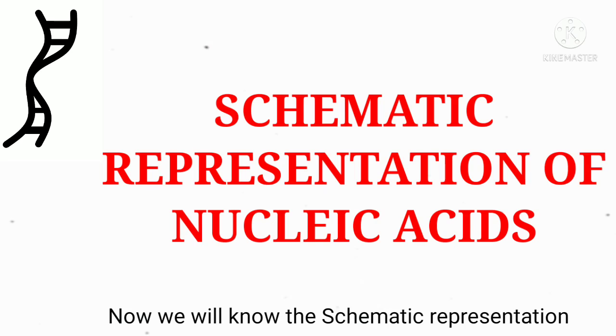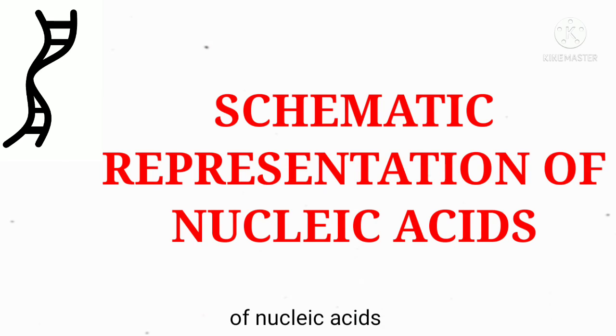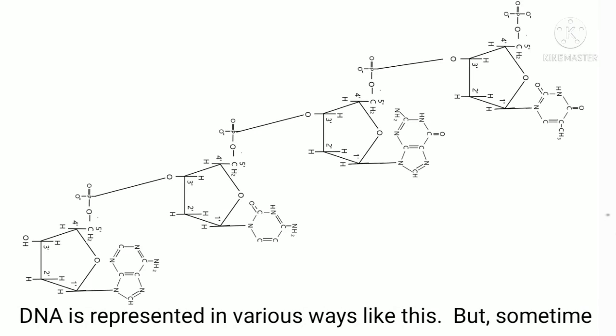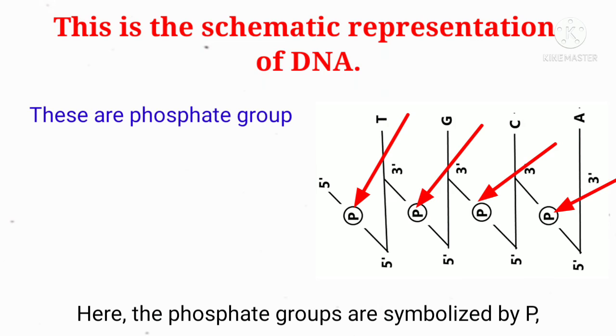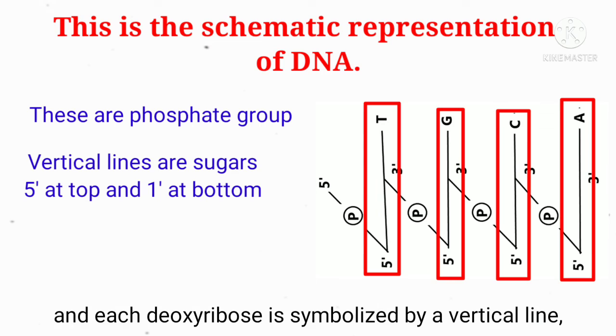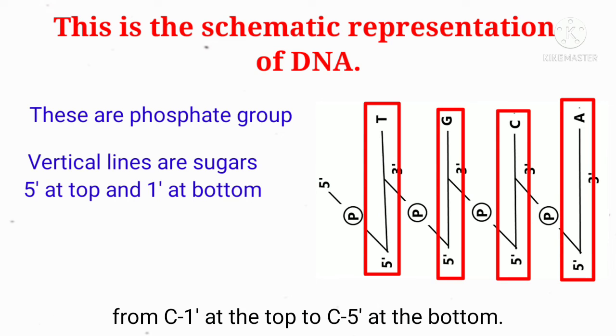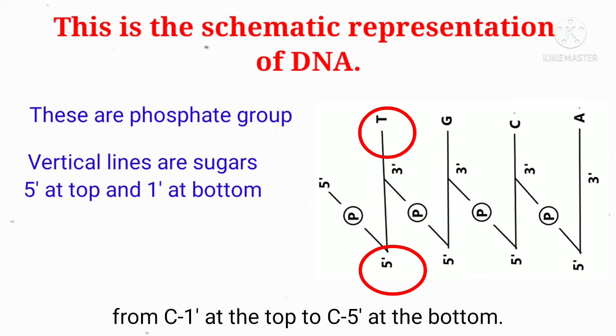Now we will see the schematic representation of nucleic acid. DNA is represented in various ways, like this. But sometimes, for simplicity, DNA is represented like this. Here, the phosphate groups are symbolized by P, and each deoxyribose is symbolized by a vertical line from the 1' carbon atom to the top.